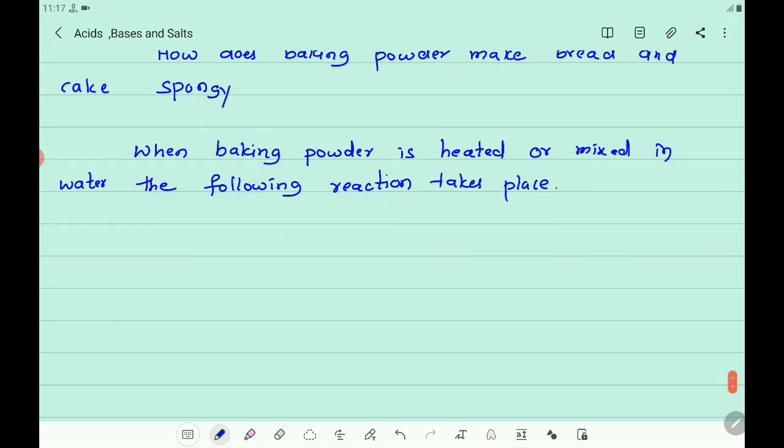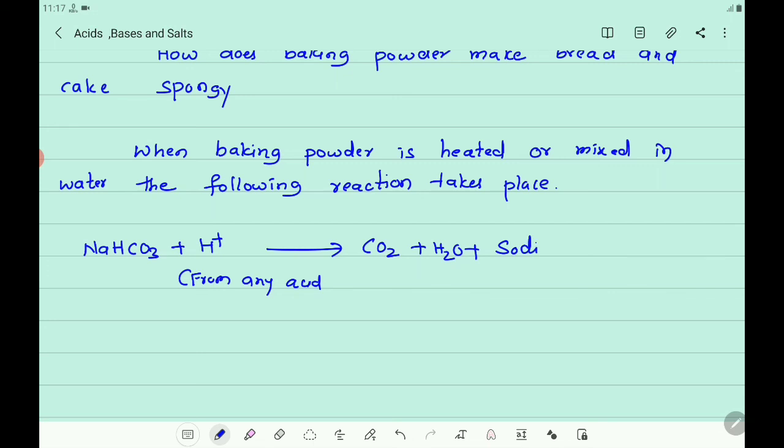That reaction is already discussed: NaHCO3 plus H+ from any acid gives CO2 plus H2O plus the sodium salt of the acid.